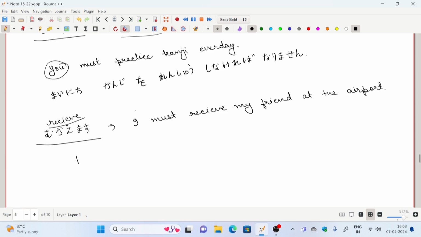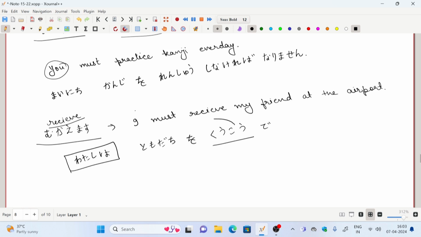So watashi wa, or we can even do away with it and we can start with tomodachi o. Here the friend will become the object. Tomodachi o kuko de, at the airport.